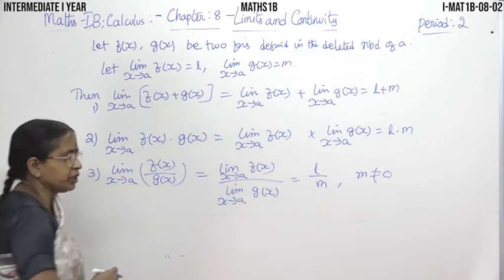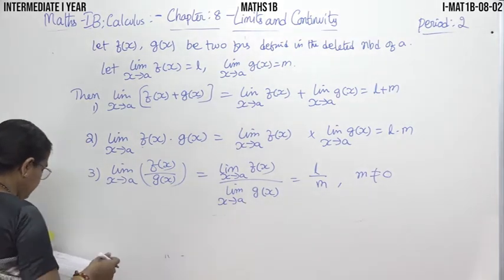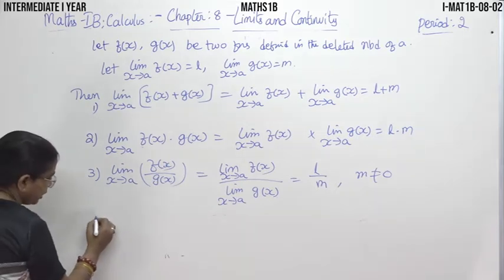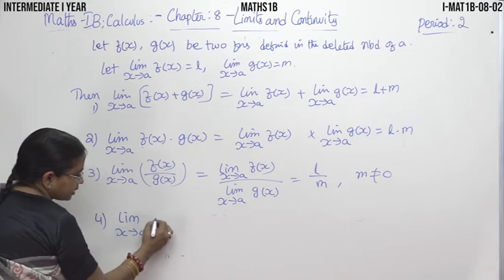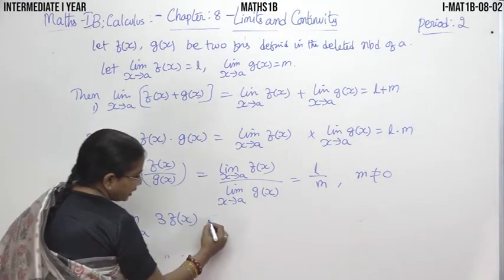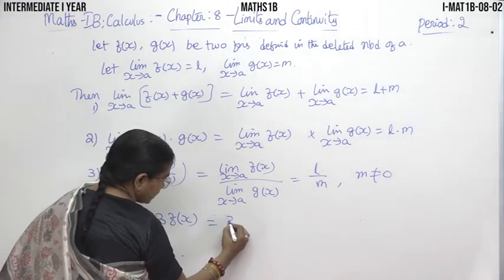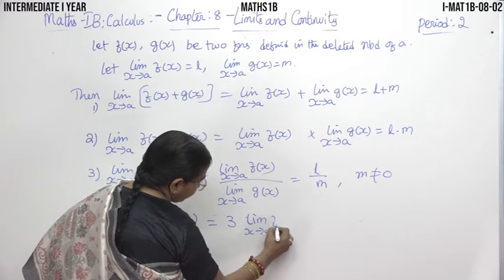Next, suppose I have some number k into f of x. Then I can write this number outside and write the limit as x tends to a of f of x.